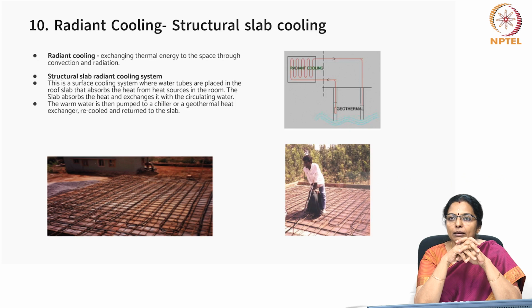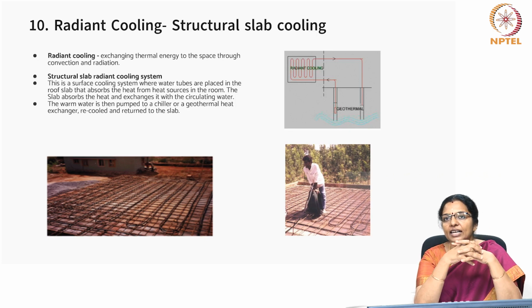In these pipes, cool water is run through. Because of conduction and radiation, the cool water inside the tube cools the entire floor slab or roof slab in which it is embedded, and that gets radiated inside the room, making the rooms very cool.